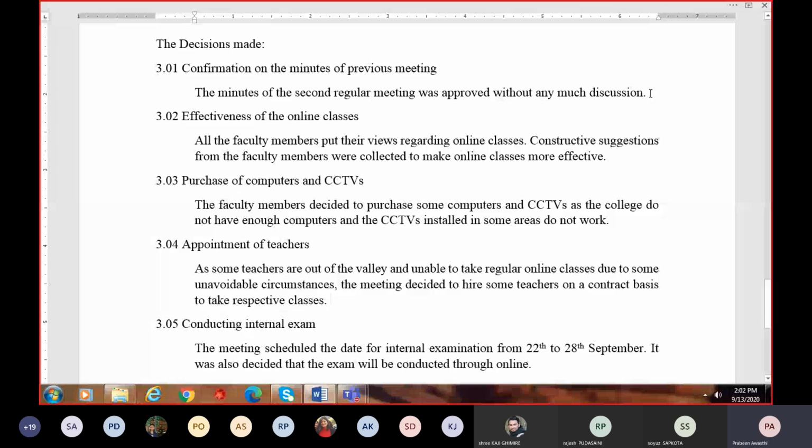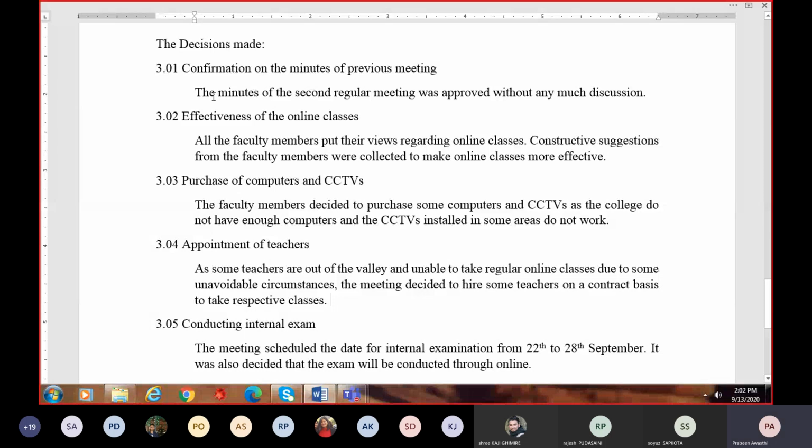No need. You can write that, yeah, all the members went through the minutes from the previous meeting, and some of them had disagreement with second agenda or decision made under the second agenda, and later on the meeting solved all people's disagreements. In this way also you can write.